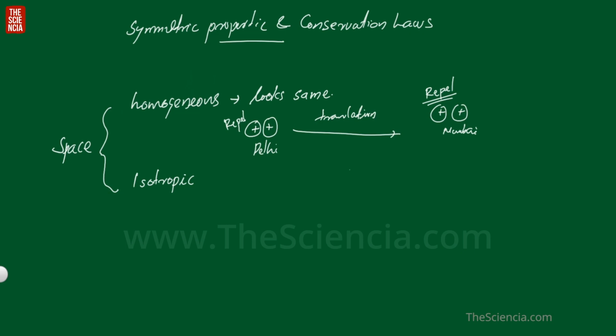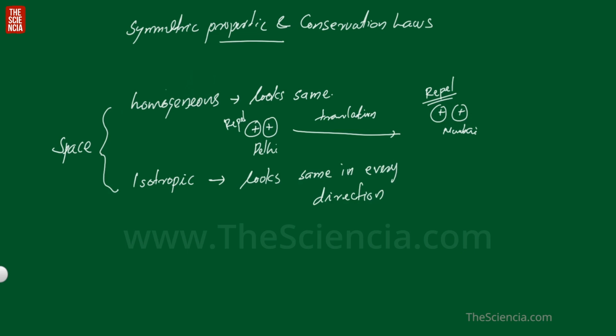Space is homogeneous, right? And what is isotropic space? The definition is like this: the physical properties of a system do not change for arbitrary rotation. That means the space looks the same in every direction. And what is the consequence of these two symmetric properties?